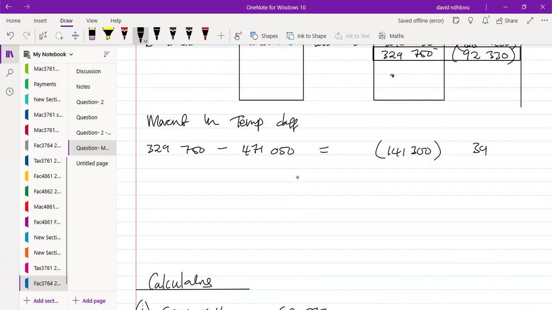And then we have change or movement in deferred tax, which is 39,564, and that's a positive amount.